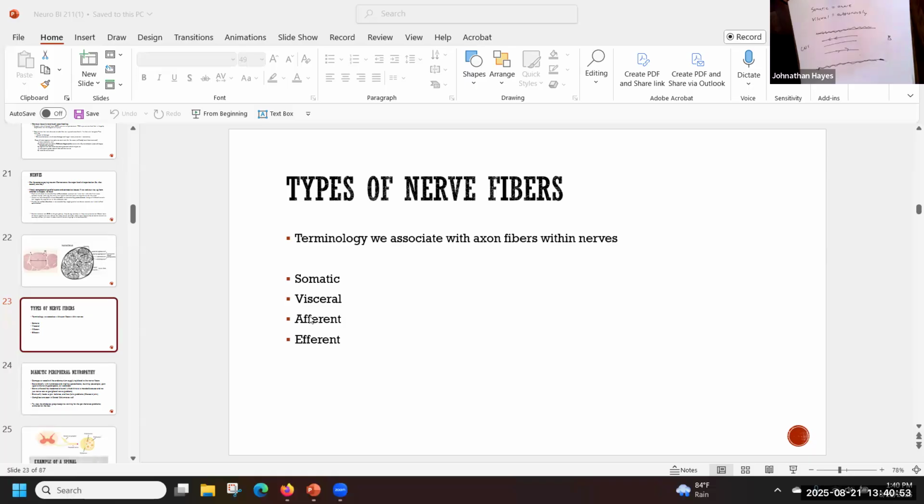So maybe the composition of food in my small intestines. That's something we monitor. Maybe it's the pH of the blood. Maybe it's the oxygen concentration of the blood. Maybe it's the carbon dioxide concentration of the blood, right? So those would be more visceral in nature. Afferent is just telling me we're sending sensory information to be processed.